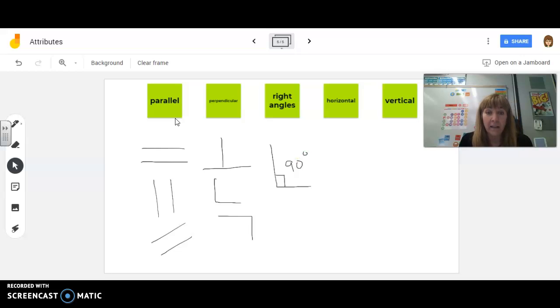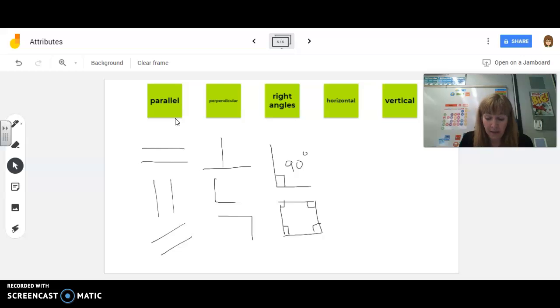So that is proof that you don't even have to go get a protractor and measure it. It is a 90-degree angle. So sometimes you'll see a picture of a square, and then they'll have all the 90-degree angles labeled for you. So if you see that symbol, that means 90 degrees.